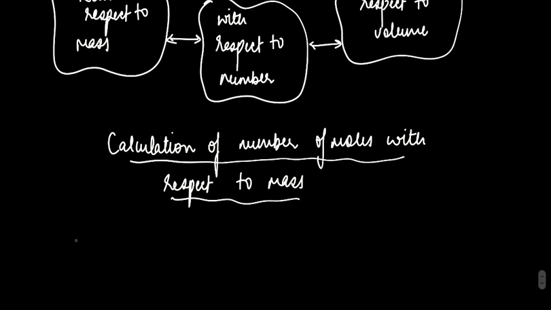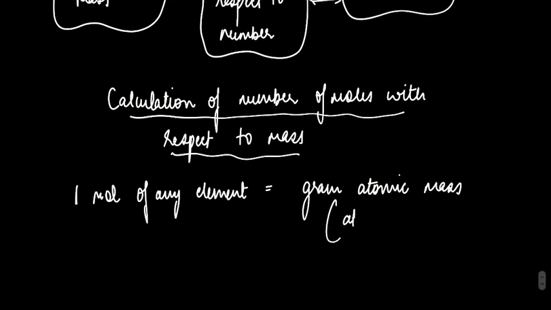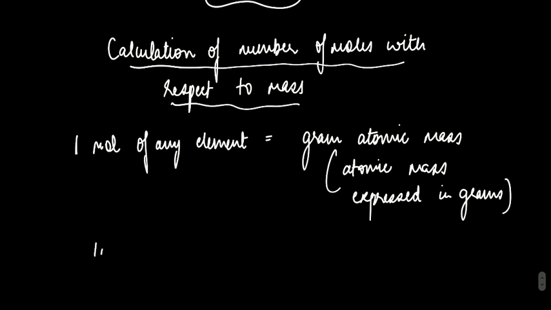So it's a concept: 1 mole of any element is equal to its gram atomic mass. What is gram atomic mass? That is nothing but atomic mass expressed in grams.